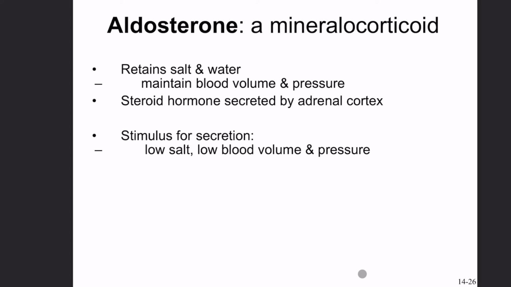Aldosterone is a mineral corticoid, and it is produced by our adrenal gland. And it also is going to impact blood volume. It does it in a different way. It's called a mineral corticoid, and so it's going to impact the minerals.